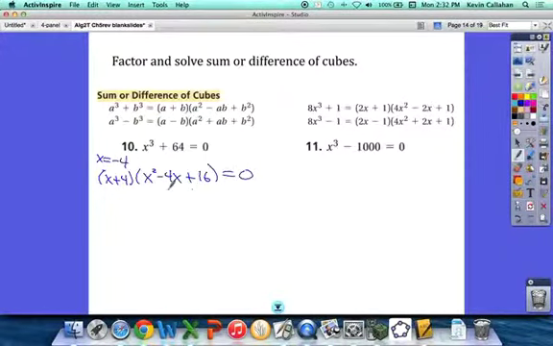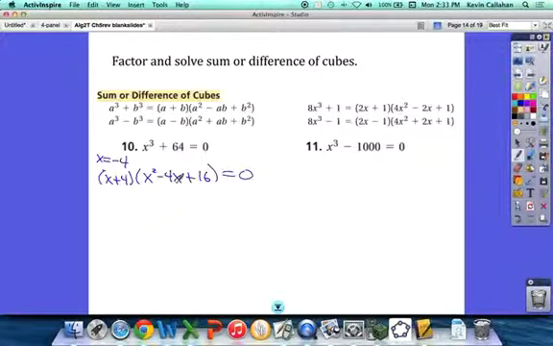Now we've got to solve this one. What values of x make that equal to 0? And how are we going to figure that out? It's always the quadratic formula. Because always, what kind of answers are you going to get from that? Imaginary. They're always imaginary. Always. Okay. Remember, we expect that because this is a cubic, we could have 3 complex solutions. Some can be real, some can be imaginary, and we just found we got 1 real, and then we'll get 2 imaginary from this, which adds up.